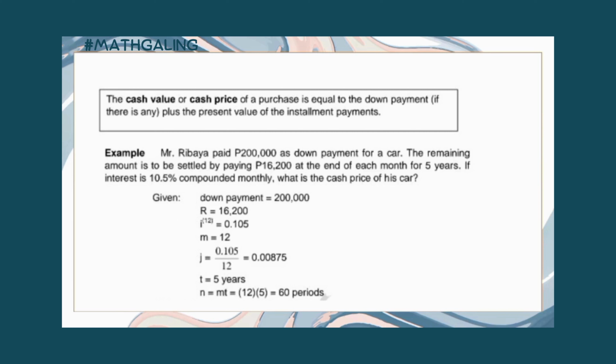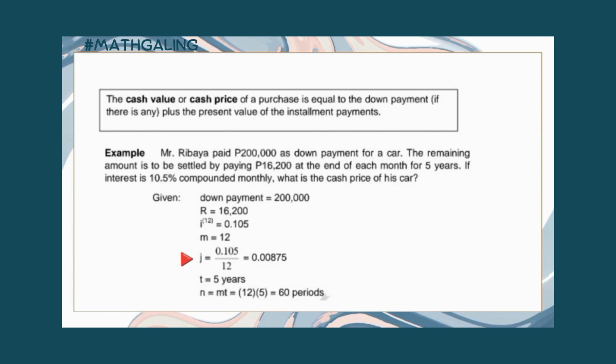And we have m equal to 12 since it is compounded monthly. So i is equal to r over m. Let's substitute the given. This is the rate.